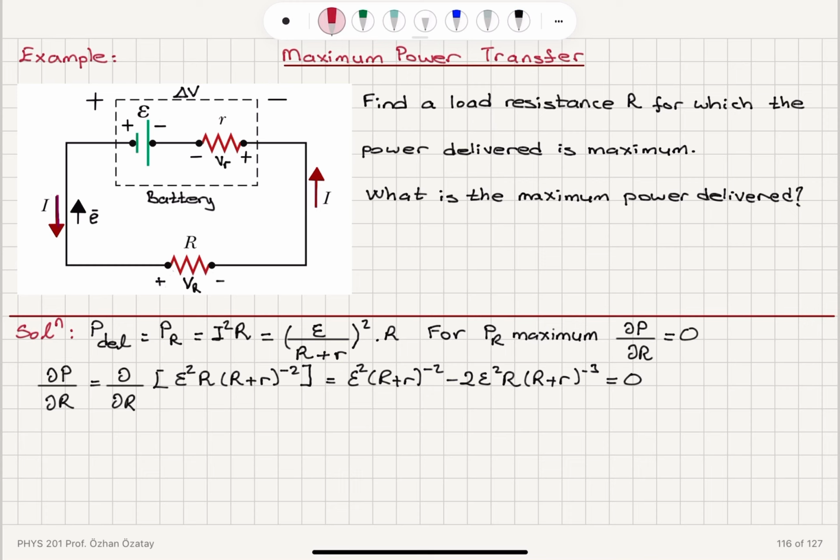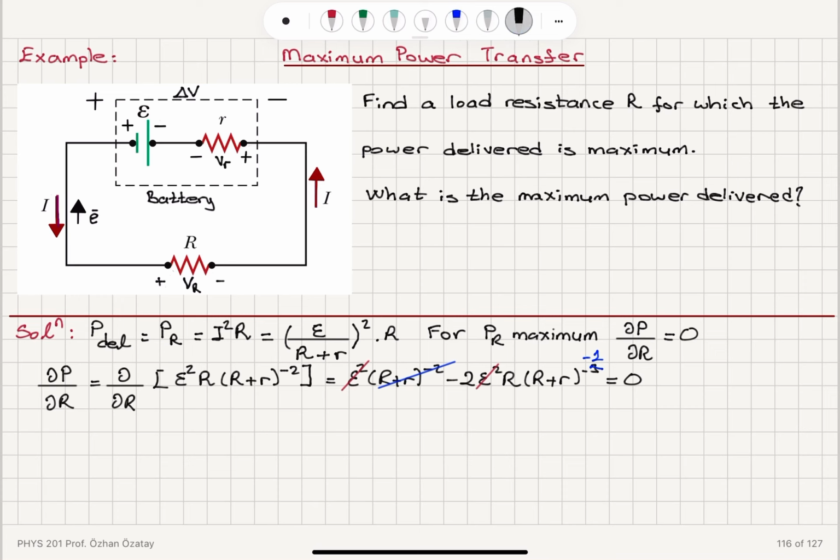So I divide this equation by epsilon squared. The epsilon squares will cancel. Then I will get rid of (R plus r) to the power minus 2, so I multiply both sides by (R plus r) to the power plus 2. So this will disappear, and this minus 3 will become minus 1.